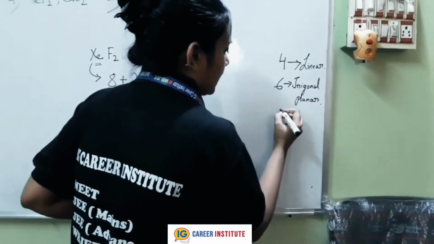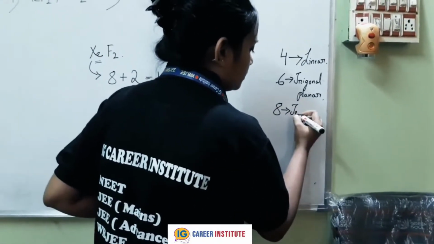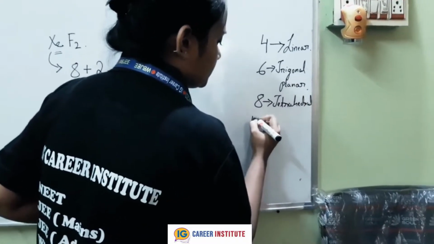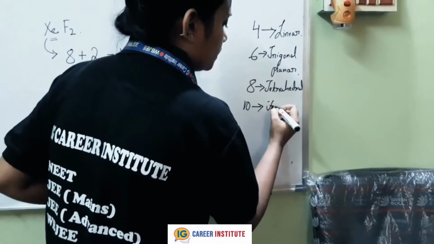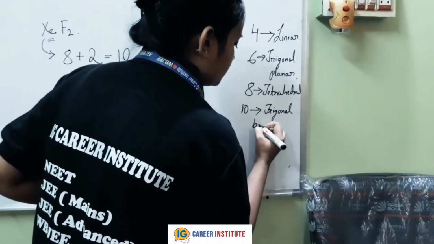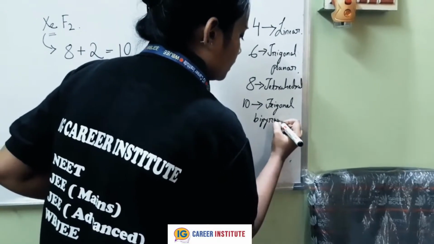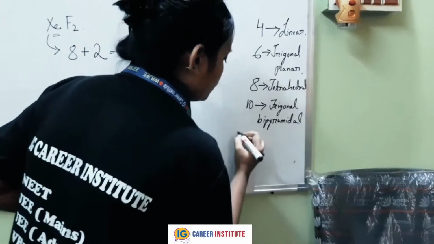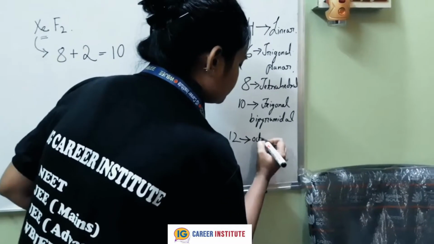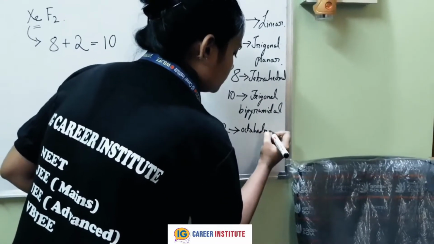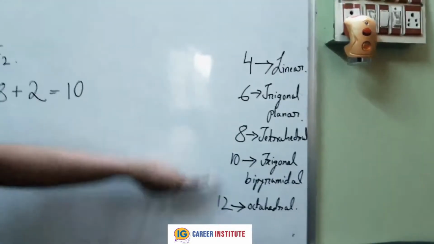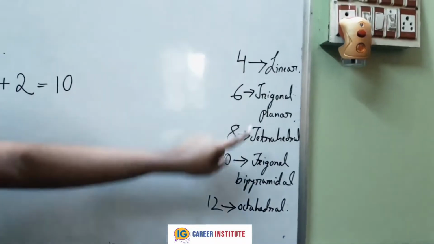If it is 8, then it is tetrahedral. If it is 10, then it is trigonal bipyramidal. If it is 12, then it is octahedral. This way, if 4, 6, 8, 10 or 12 comes up, we can predict their corresponding structures.